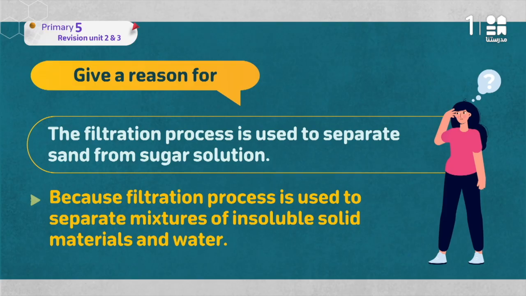اوكي تمام. والايفابوريشن بروسيس افتكرناها والفلتريشن بروسيس افتكرناها. طيب اخر اتنين عندنا السيبريشن methods that we have which are the separating funnel and the magnetic attraction. طيب separating funnels كانت عبارة عن ايه؟ Separating funnel it's a method that we use to separate the immiscible liquid mixtures such as oil and water that they don't mix together. طيب while the magnetic attraction we use it to separate magnetic material from the mixture.